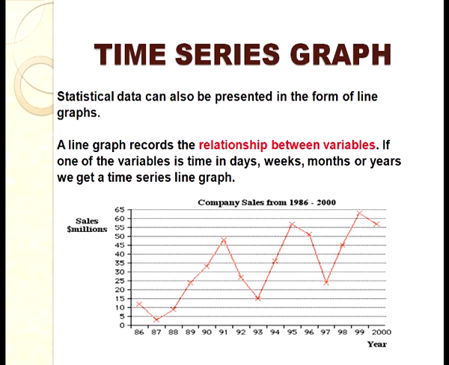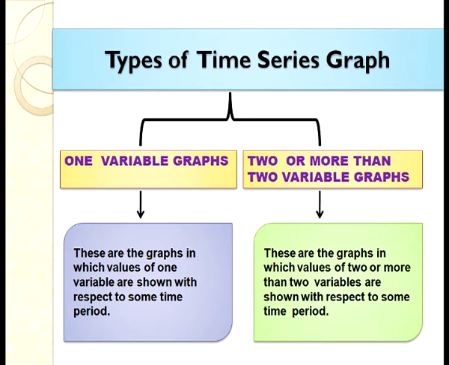After this, we are going to discuss different types of time series graphs. As you can see, there are two types of time series graphs. One is one variable graphs, the other is two or more than two variable graphs. One variable graphs are the graphs in which the value of one variable is shown with respect to some time period.